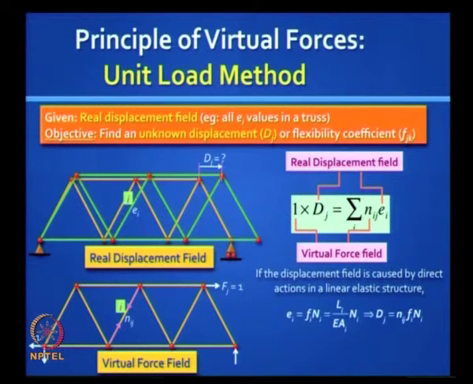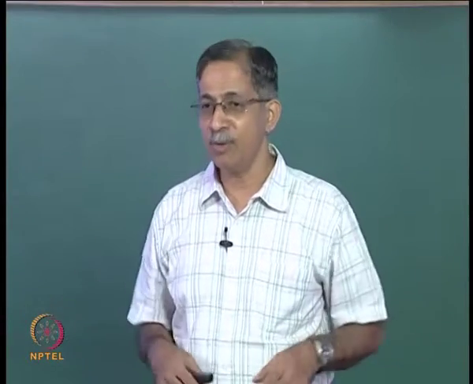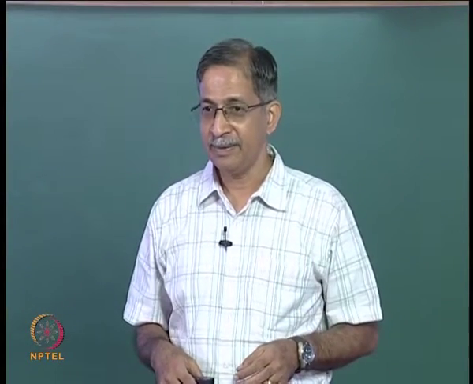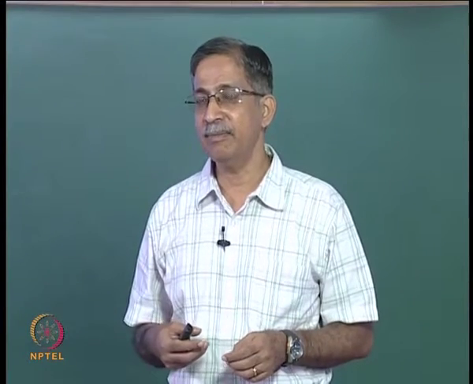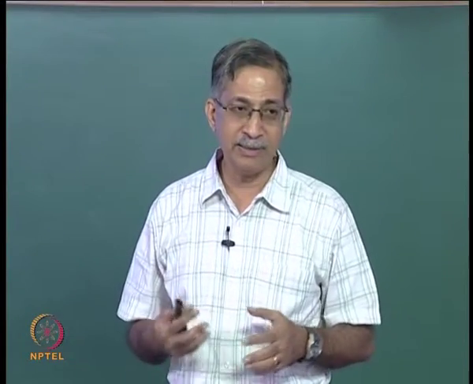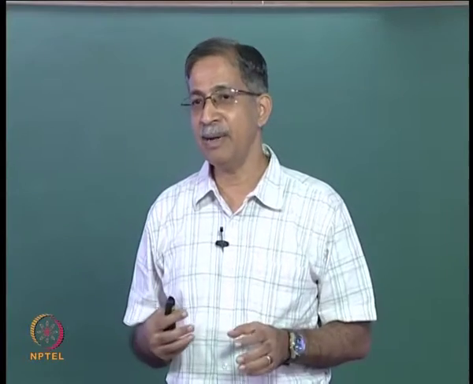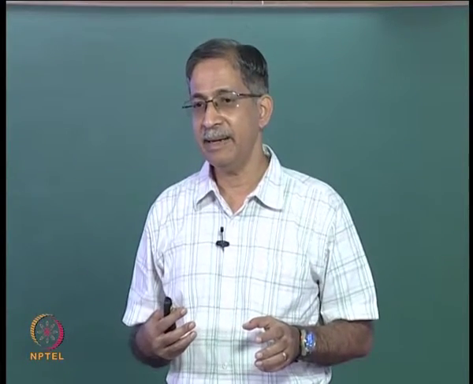And it does not matter what caused the displacement. If the displacements were caused by the application of loads on the truss, then you can get the bar elongations from the actual forces in that real truss by multiplying Ni with Fi.